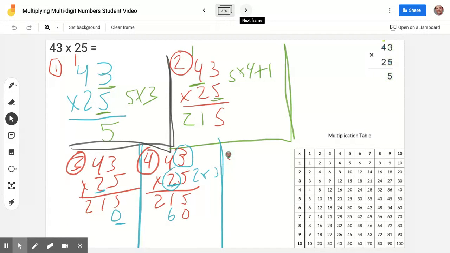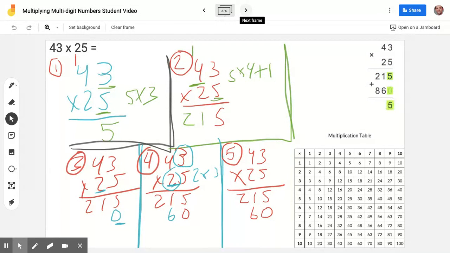Step 5. 43 times 25. 215, a 0, and a 6. So now we're going to do 2, which is 20, times 4, which is 8. 2 times 4. I'm going to move my multiplication table. Use these.